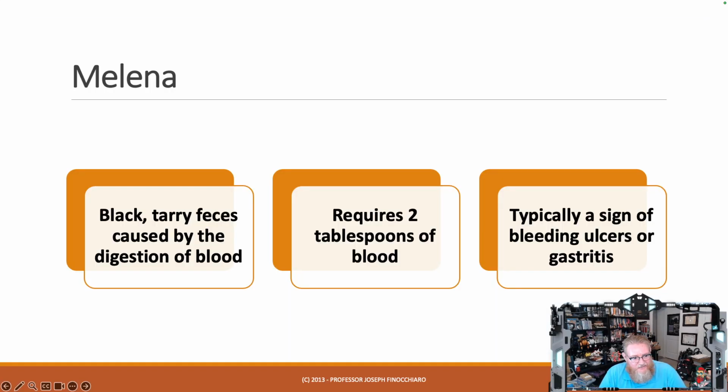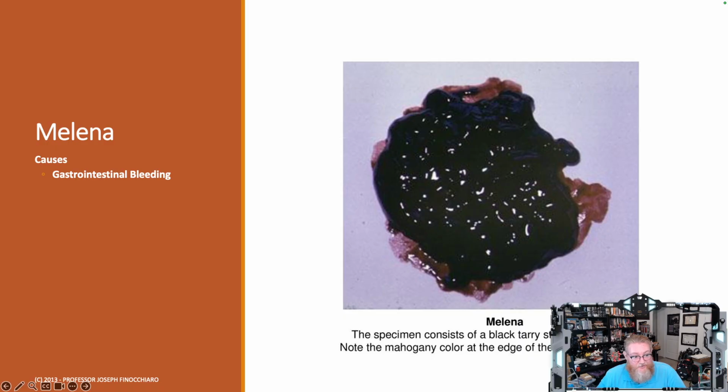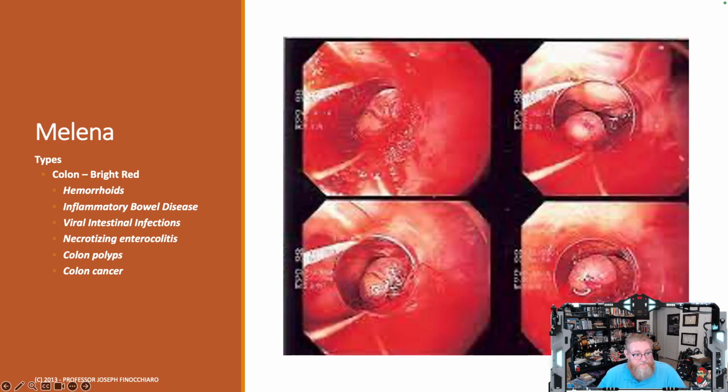Melena is a black tarry feces caused by the digestion of blood, and requires at least 2 tablespoons of blood. Typically, this is a sign of bleeding ulcers or gastritis, and causes of this are gastrointestinal bleeding.